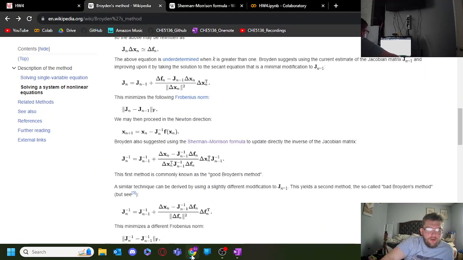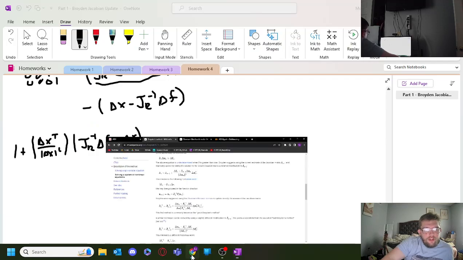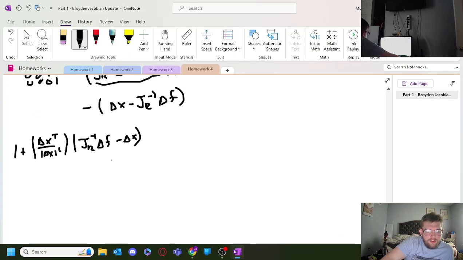So we go back here, we look at it. We got our delta x transpose, our inverse, and our delta f. But we've got an extra delta x here, and we still got these terms to worry about. So what we can do is multiply it across by the delta x transpose, and we get 1 plus r over delta x squared.